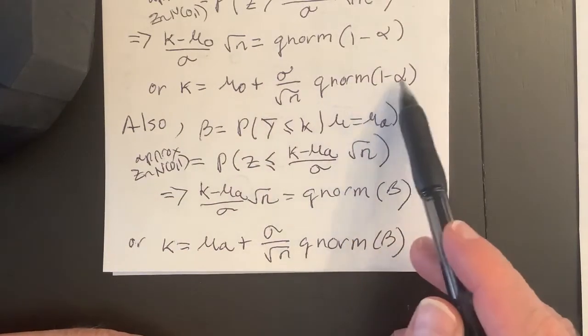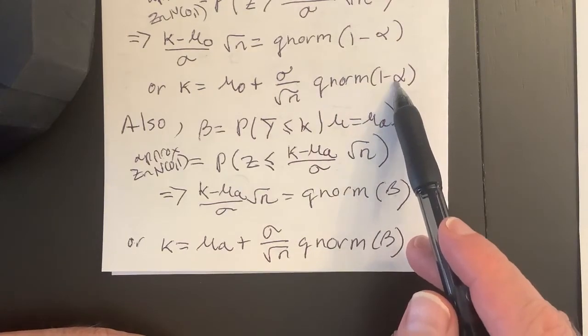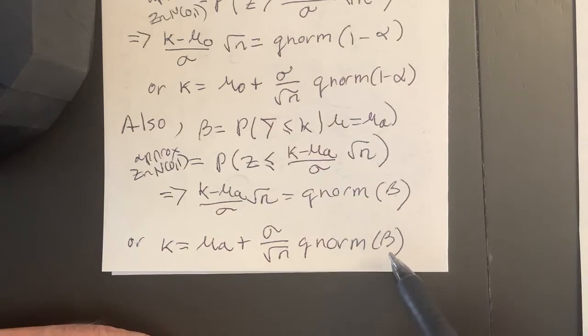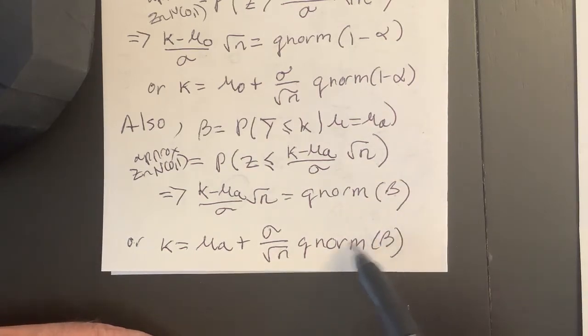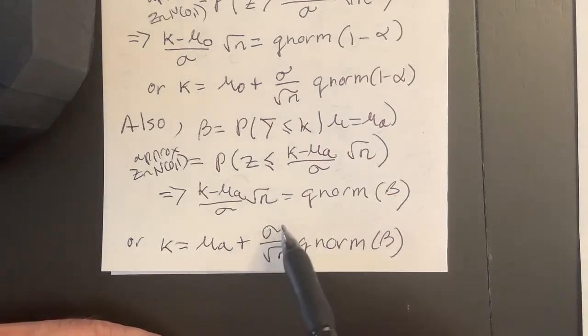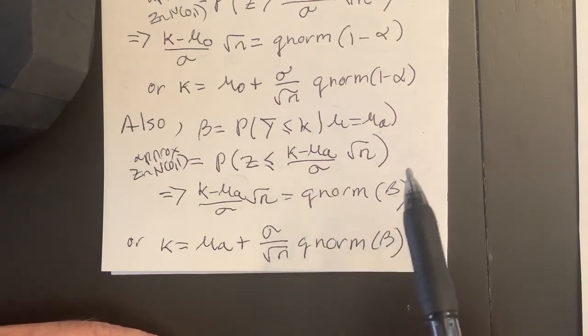So alpha is known. It's set something, right? We're going to take beta to be known, a certain probability that it is once alpha is set. So that's known. And sigma is known, approximated or known. Mu A is known. Mu 0 is known. So everything's known except for k and n.